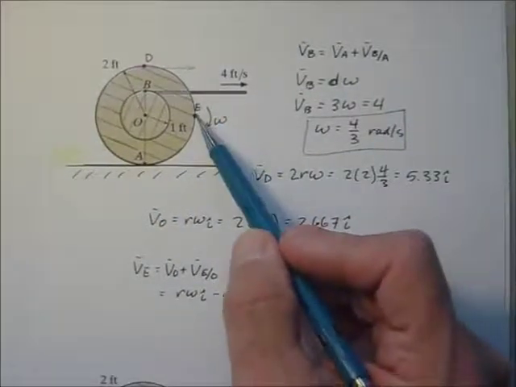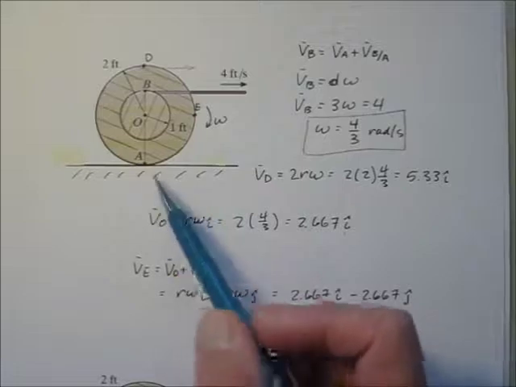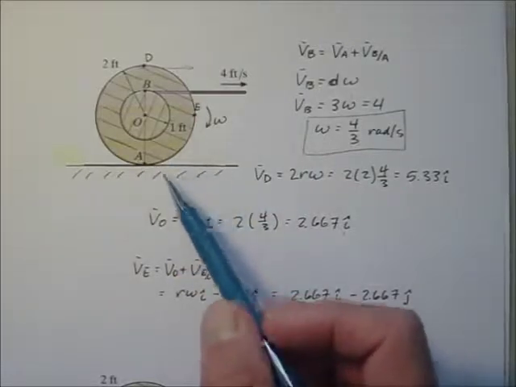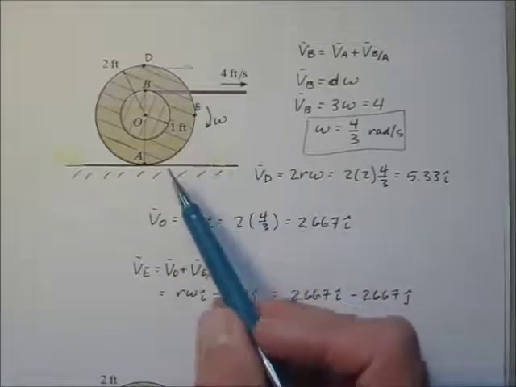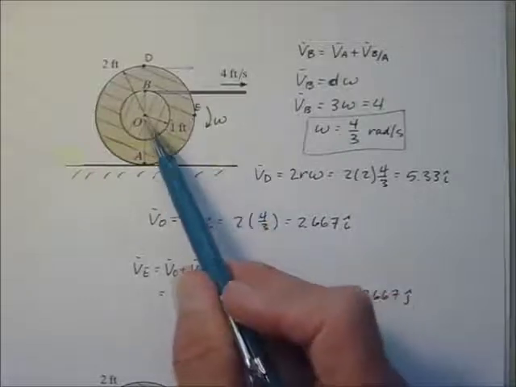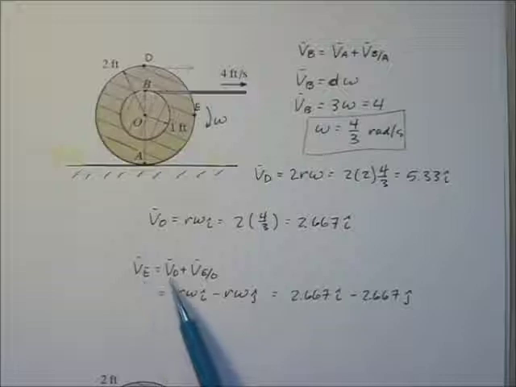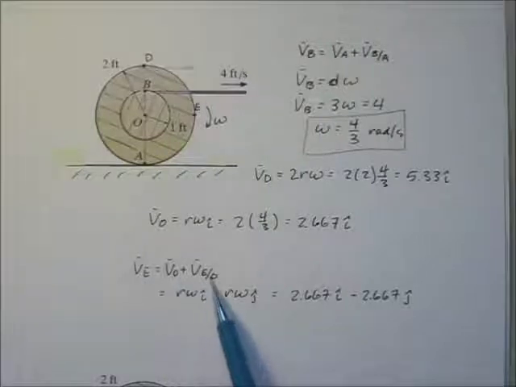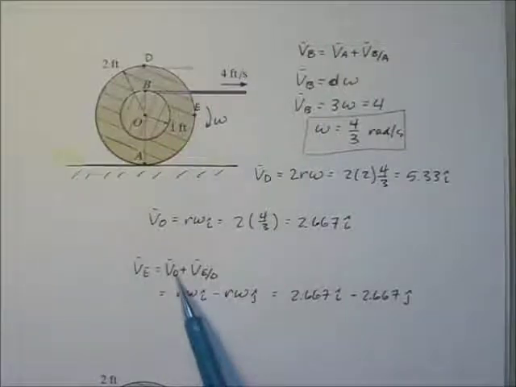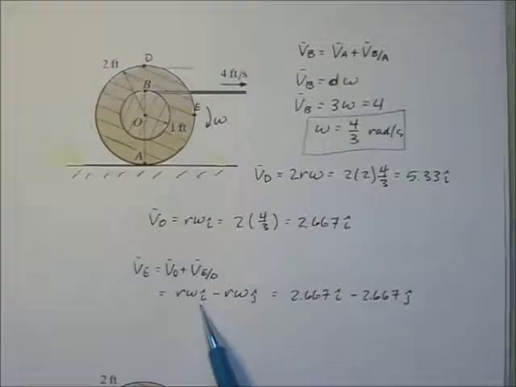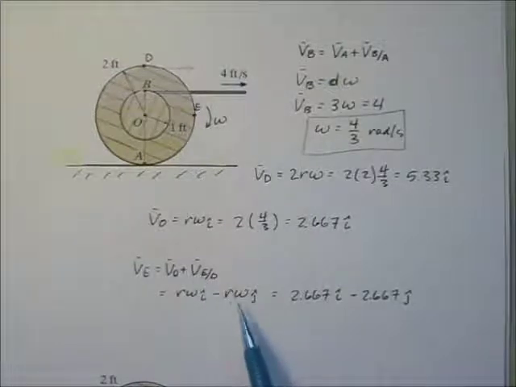How about the velocity of E over here? We could look at the relative scalar analysis from several points, but it's probably easier to look at the velocity of E with respect to O. So let's say that the velocity of E is equal to the velocity of O plus the velocity of E with respect to O. We've already solved for the velocity of O, which is equal to R omega I. Now, what is the velocity of E with respect to O?